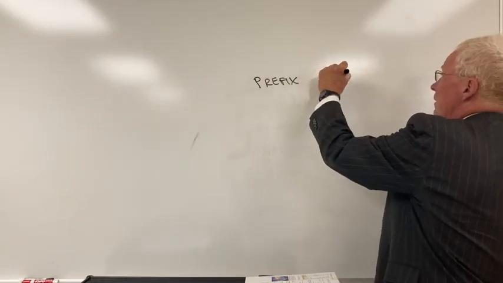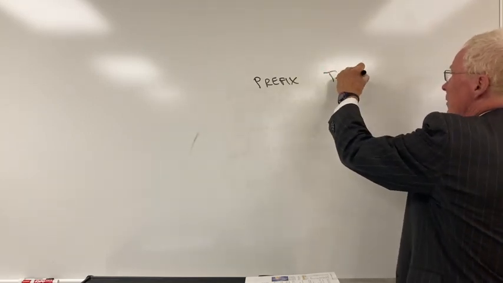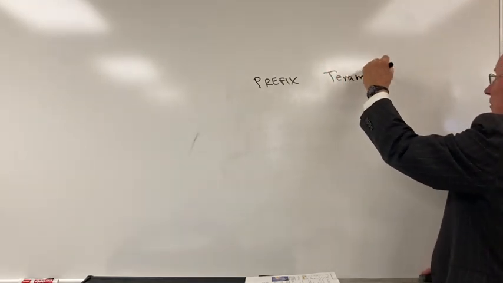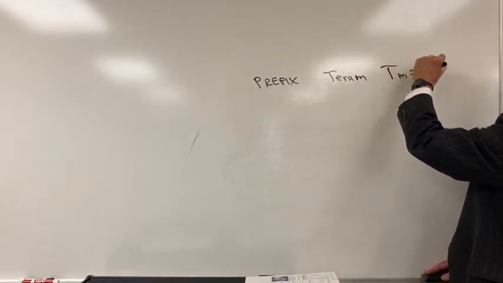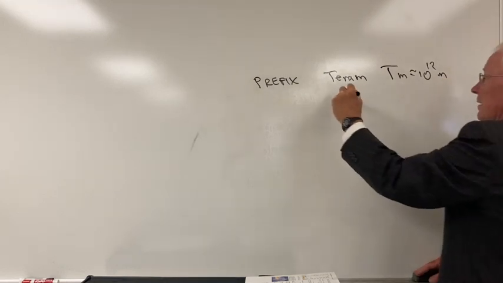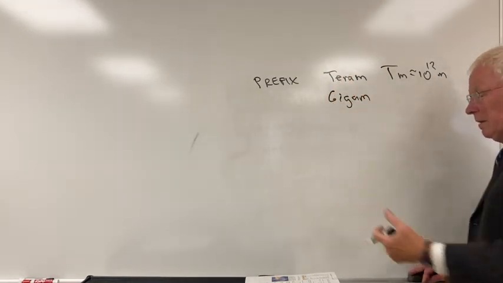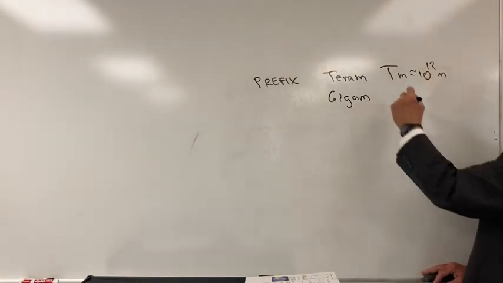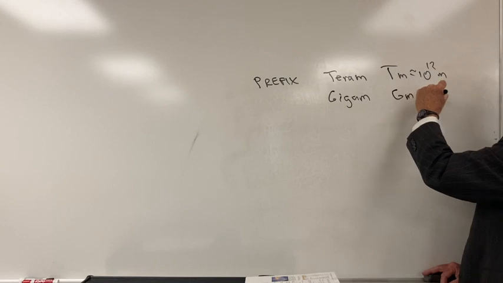So if you have tera, terabyte, terameter, which is TM, this is 10 to the 12th meters. Giga, gigameter or gigakilogram or gigasecond, this would be GM, which is 10 to the 9th.